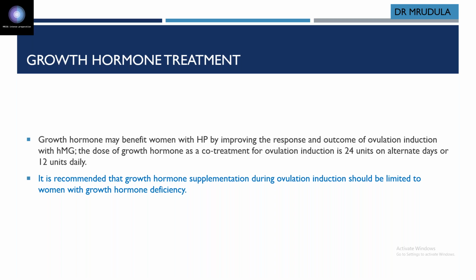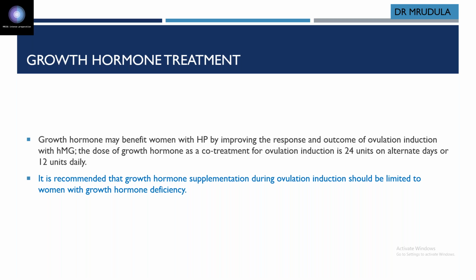Growth hormone treatment: growth hormone can be used for hypopituitarism only when there is growth hormone deficiency. Otherwise, growth hormone supplementation should not be used. So for HH and HA, growth hormone supplementation should not be used.